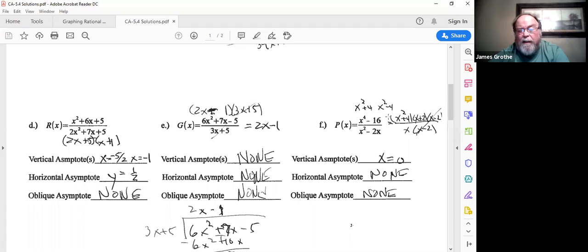So when I multiply this out, I'll have x cubed plus 2x squared plus 4x plus 8. x cubed is the highest power on top, x to the first is the highest power on the bottom. So with the numerator having a higher power, I know there's no horizontal asymptote. And because x cubed is not just 1 more than x to the first, it's actually 2 more than x to the first, then I know there's no oblique asymptote.